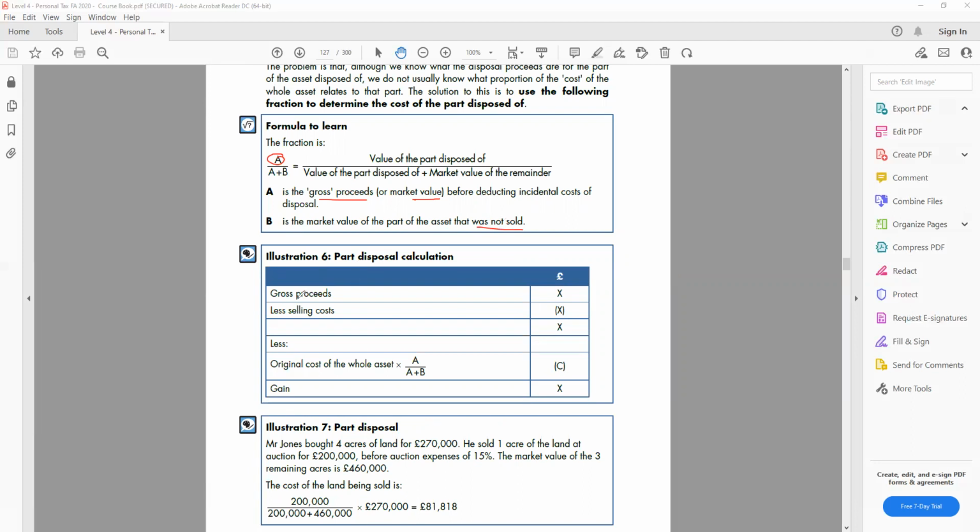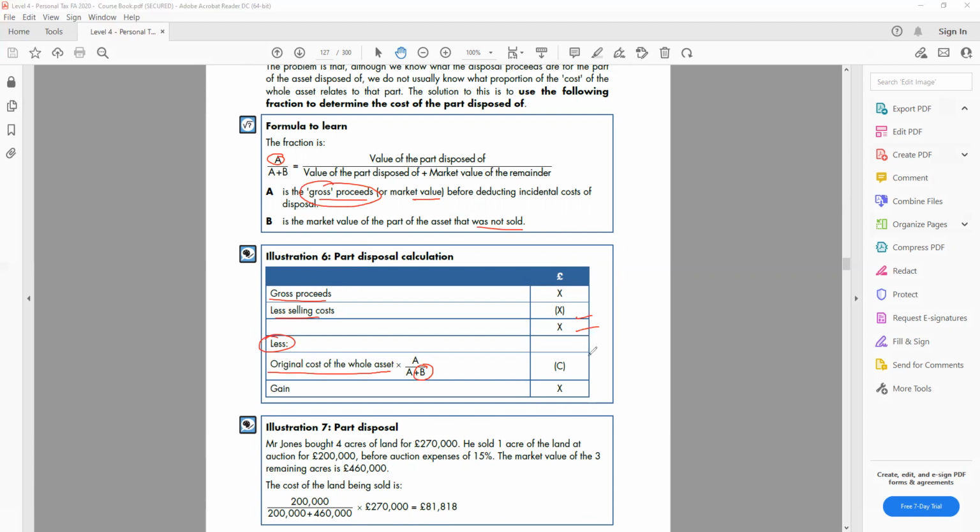The way we calculate that, first we find the gross proceeds, we minus the selling cost. This is my net proceeds. And after that, to find the cost, we have to use this formula: original cost of the whole asset times A divided by A plus B. A represents the gross proceeds and B represents the value of the remaining asset.